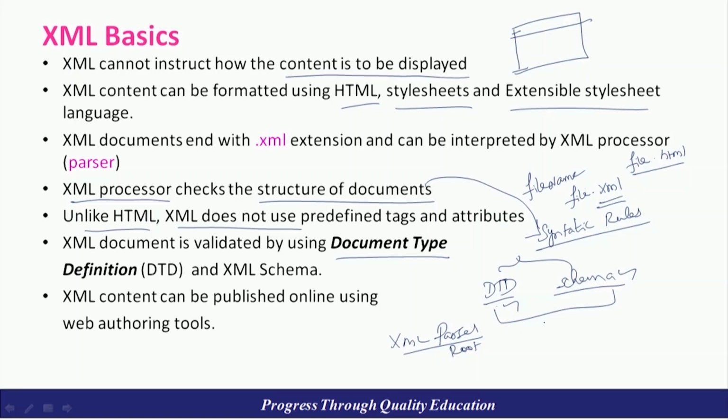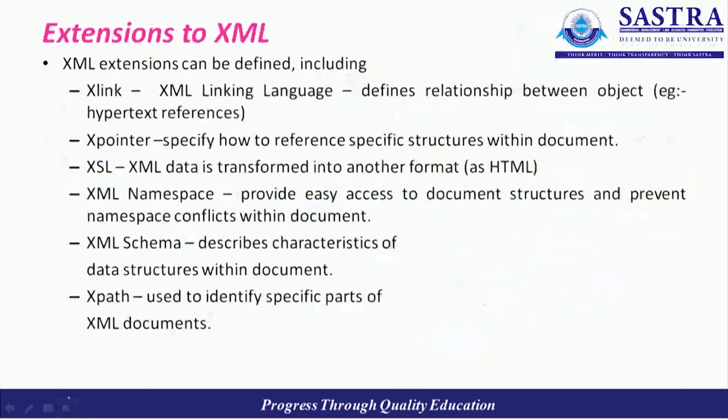So these are possible with DTD and schema. And XML content can be published online using web authoring tools. These are the basics, and some of the extensions also I would like to share with you.